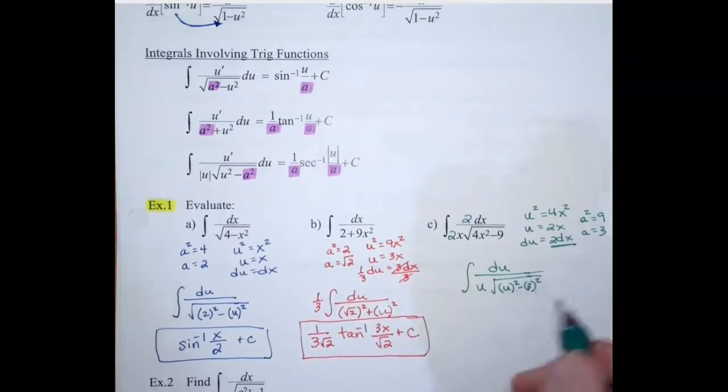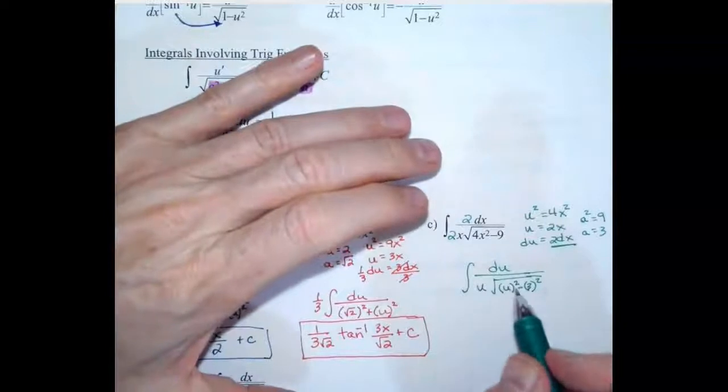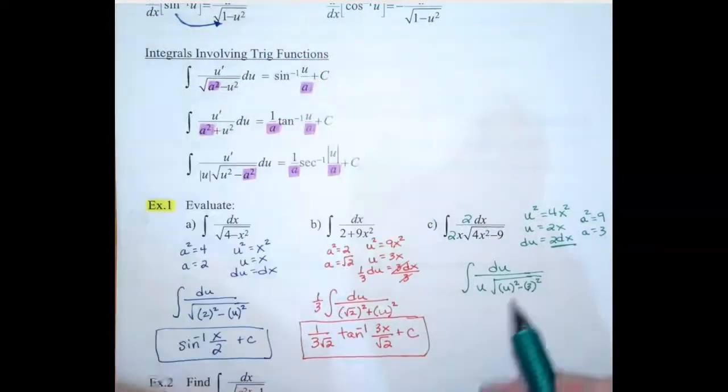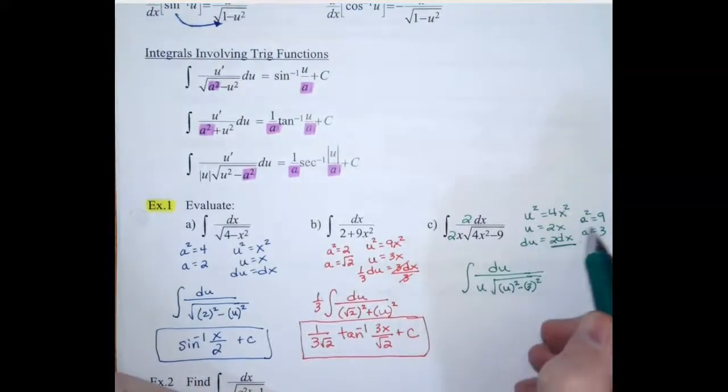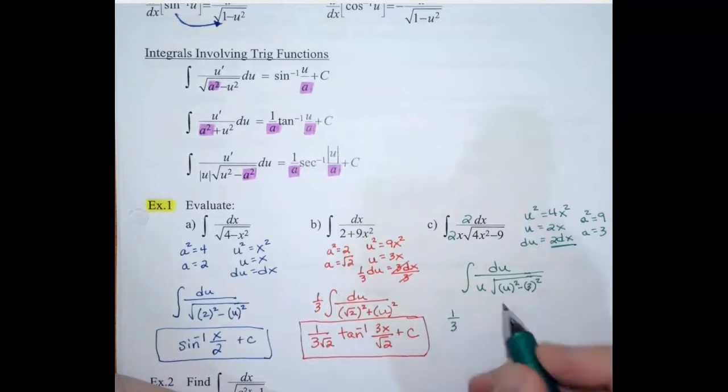Probably didn't need a parenthesis around either one of those, maybe, but okay. So now that is 1/a, so a was 3. So that's going to be 1/3.